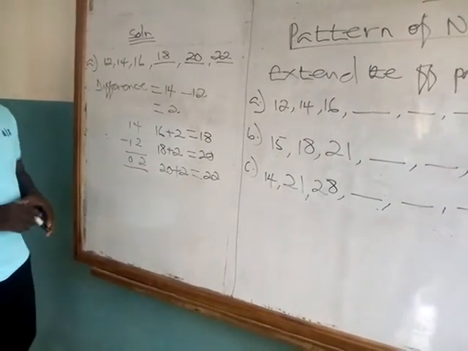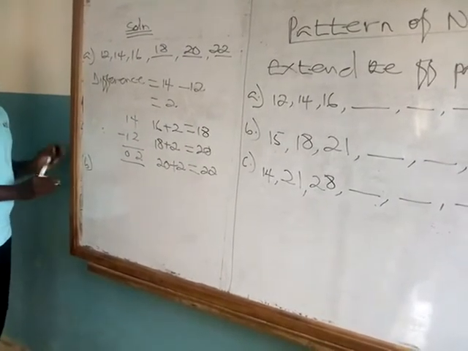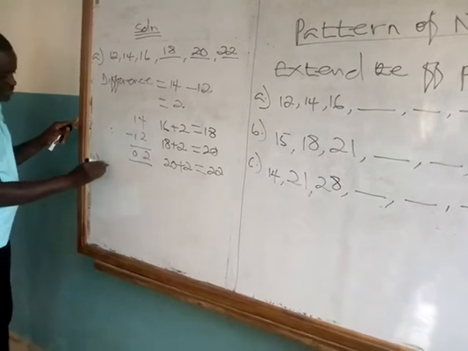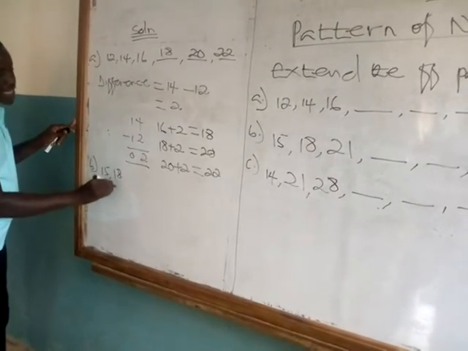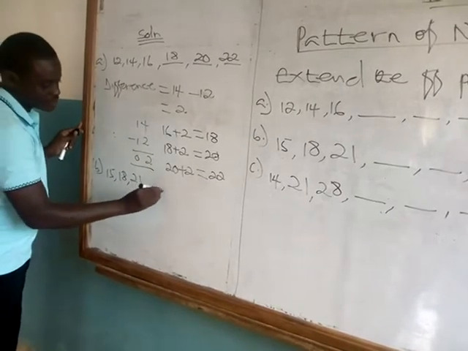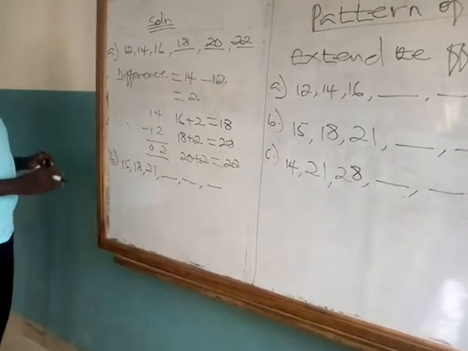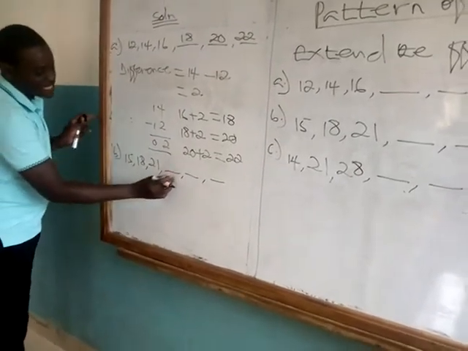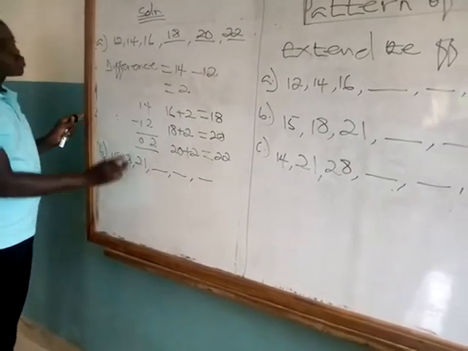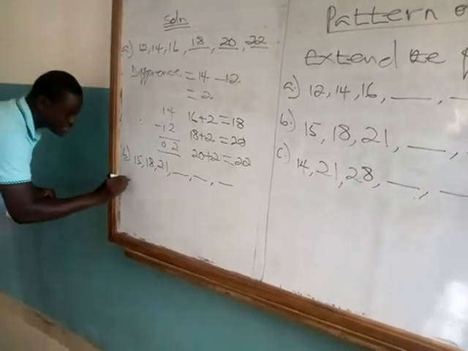Let's consider example B. In B, we are given 15, 18, and then 21. The same way, you wouldn't be able to fill in these empty spaces if you don't find your common difference. So let's do that.